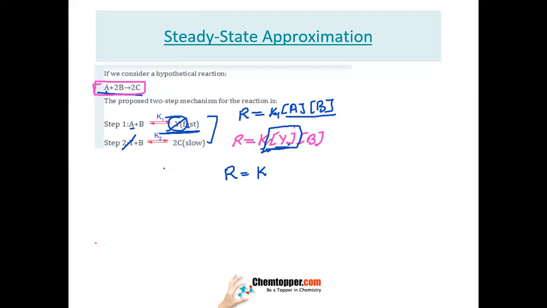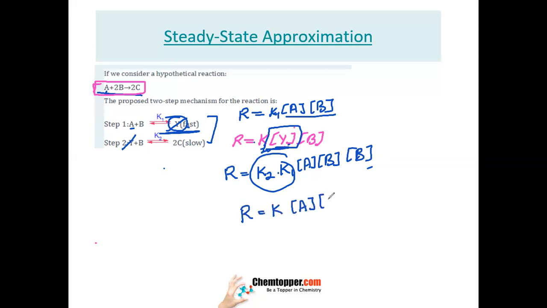So it is k2 times k1, these two values, concentration of A, B, B. This can be taken as a new constant. There is another constant here. Rate equals k times concentration of A, B raised to power. This is the simple version I'm telling you. How they have done it, I'll show you that also.